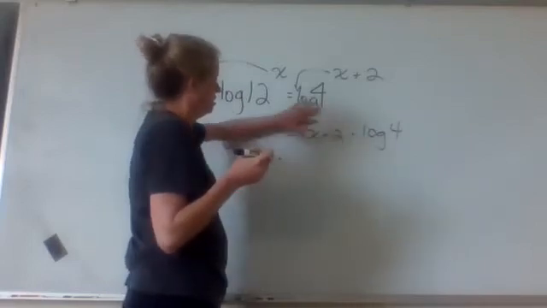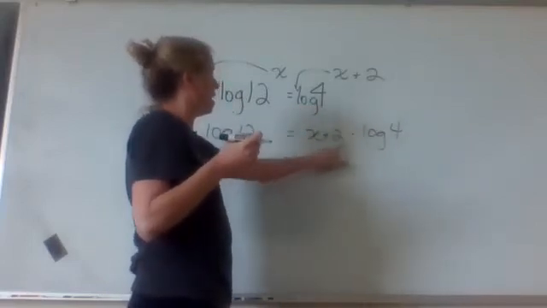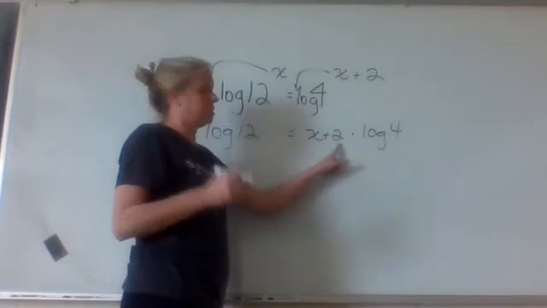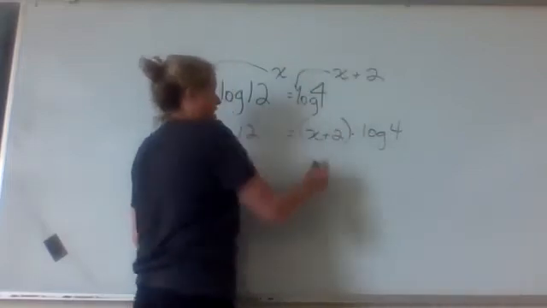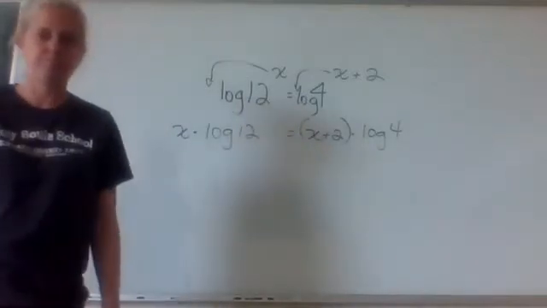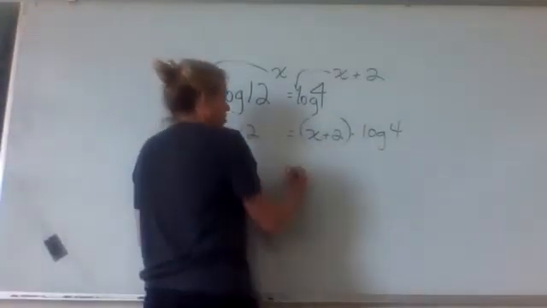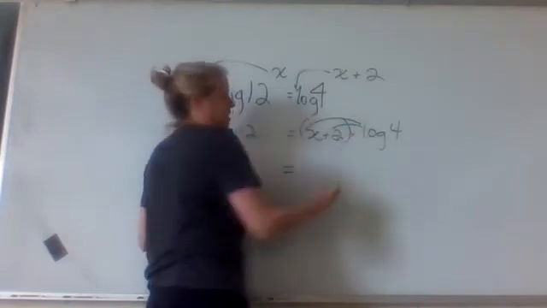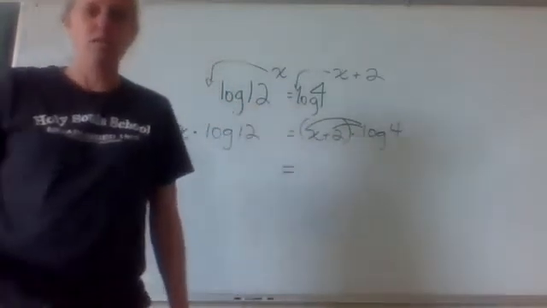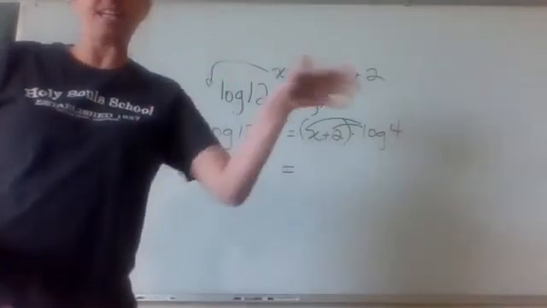If not, the only thing you would be multiplying times that log 4 is this 2. This whole thing is coming down. So on the right side, both of these are times log 4. The x and the 2.